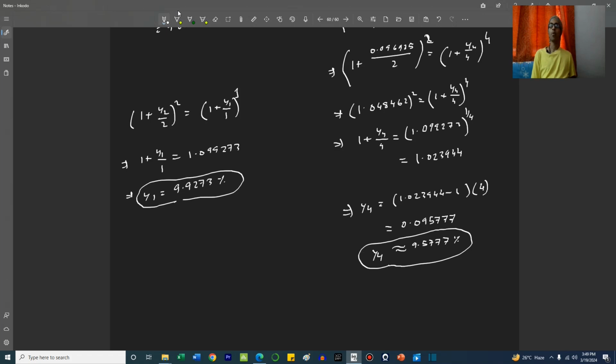So when the compounding is annual, the yield comes to be 9.9273. This is also called the effective annual rate.